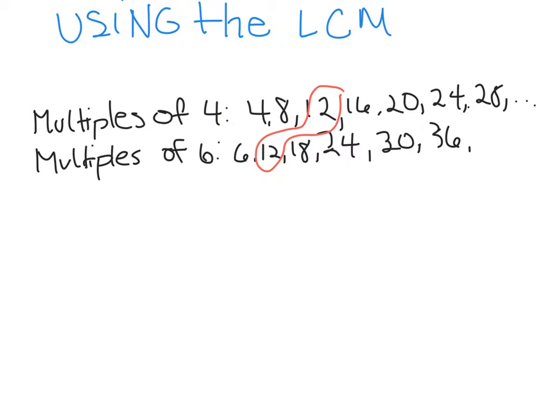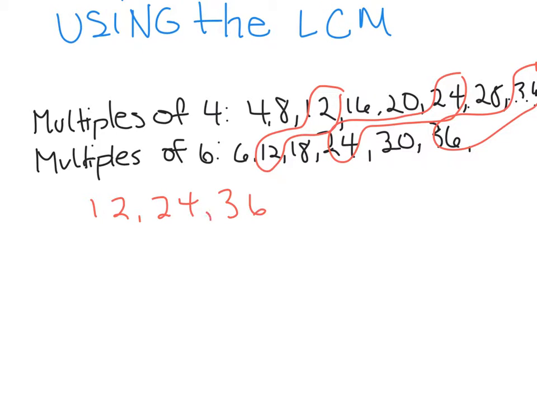I know that 24 is one, and actually had I kept going I would have had 36 down the road, and that would have been one. So we've identified the common multiples, and that would be 12, 24, and 36.